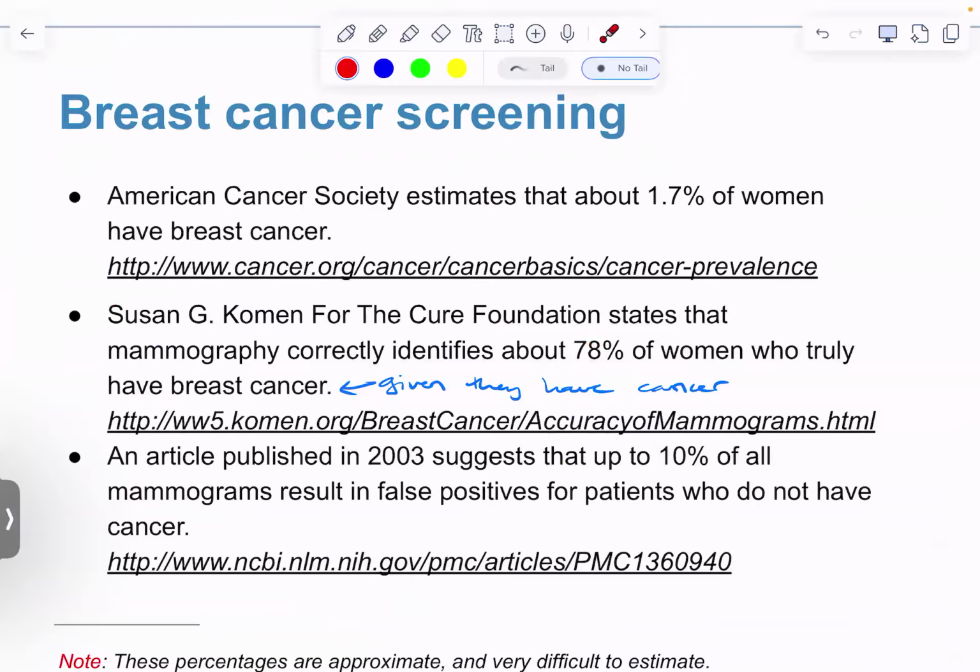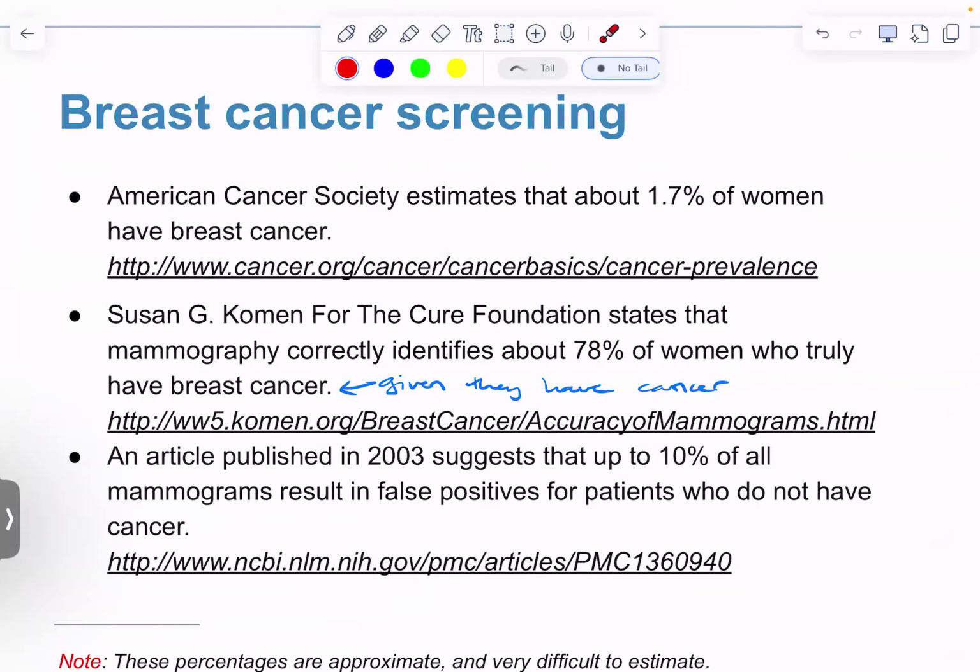If it correctly identifies about 78% of women who truly have breast cancer, right, then correctly identifying someone who has breast cancer must be a positive result, right?